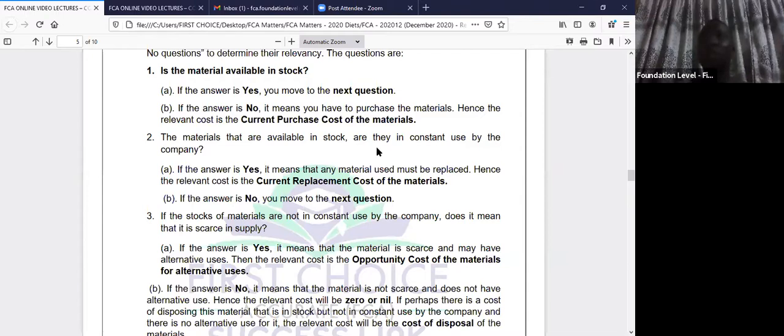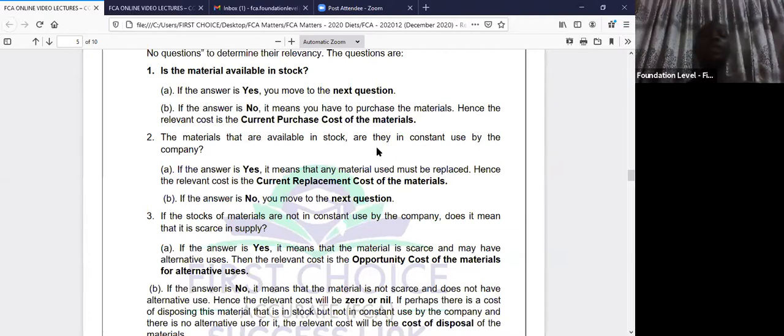So the first question is, this 50 kg of material, is it available in the store or in stock? You have 2 questions to ask. So you see, choices, relevant cost. If your answer to that question is yes, that means you still have another question to ask yourself. That's why we say move to the next question.